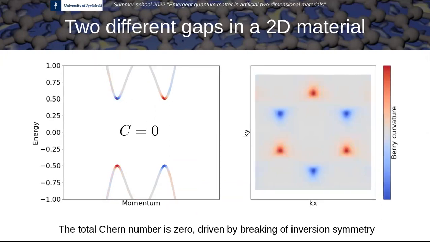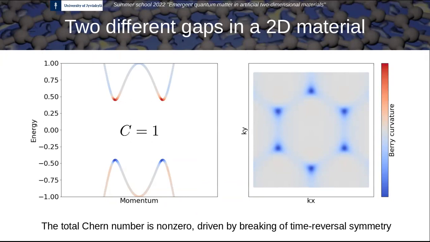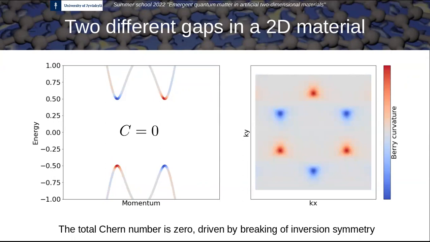Or you can have the situation in which the signs of the Berry curvature in the different Dirac equations are opposite. To get a quantum spin Hall insulator, what you actually need is that this picture appears for spin up, and the opposite picture appears for spin down. What you need to get a quantum valley Hall insulator is this picture, essentially, that one valley has positive Berry curvature and the opposite valley has the opposite Berry curvature.